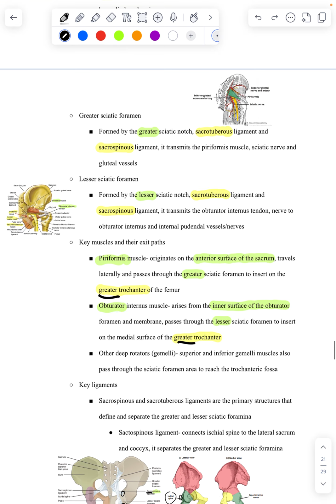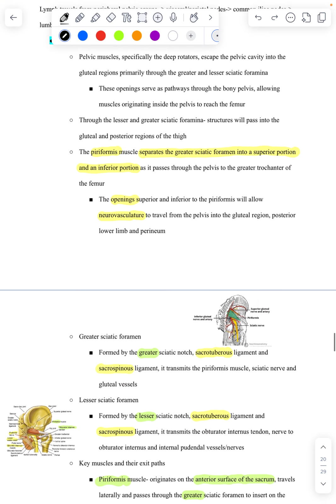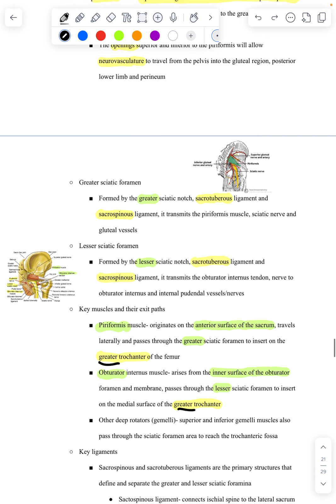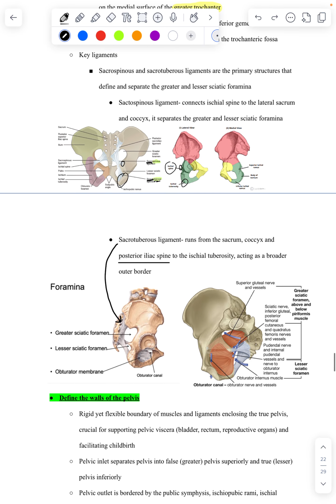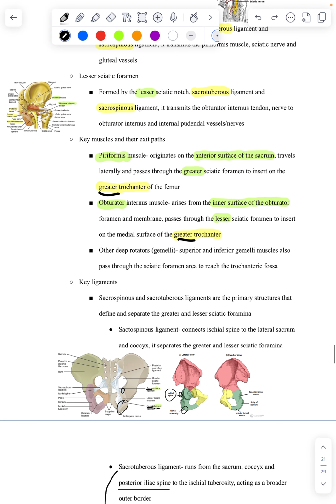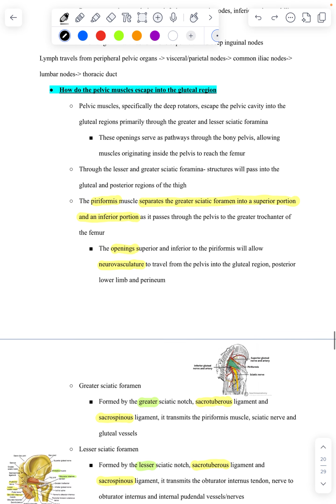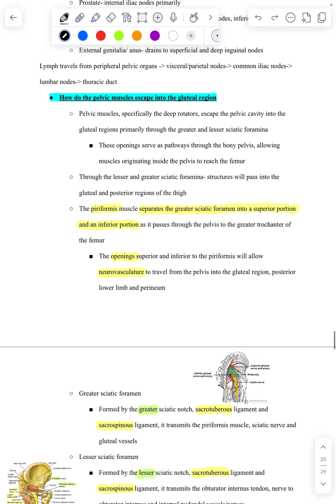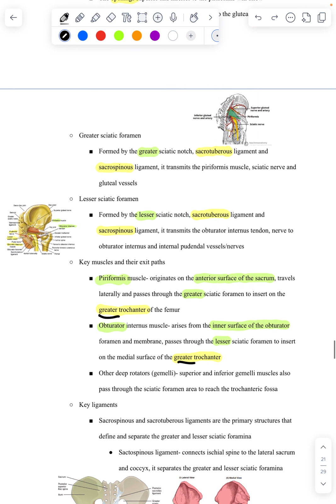The other thing about the greater and lesser sciatic foramen are the actual nerves and other contents that go through it. Oh, there it is.